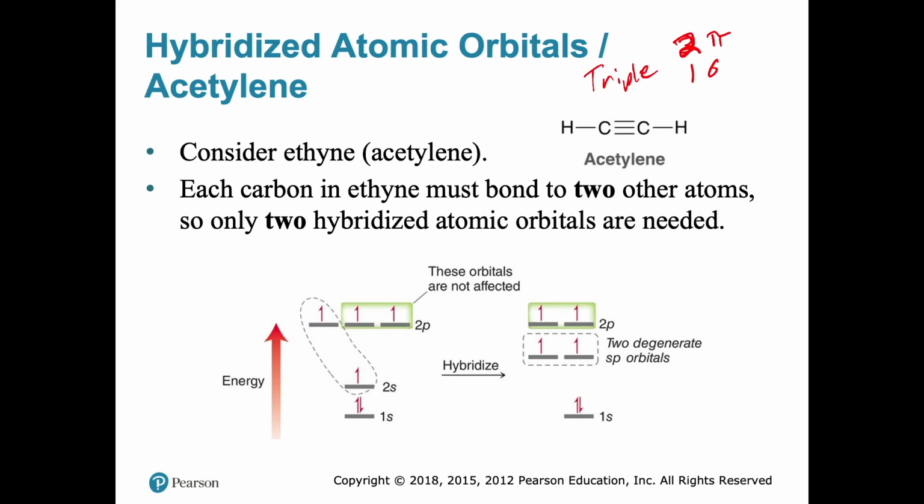So that's one bond of the triple bond. And then you still have two p electrons up here that are not hybridized. Notice they're the same energy still. And p electrons form what? Pi bonds. So one p forms one pi bond, and the other p forms the other pi bond, and you get a triple bond.